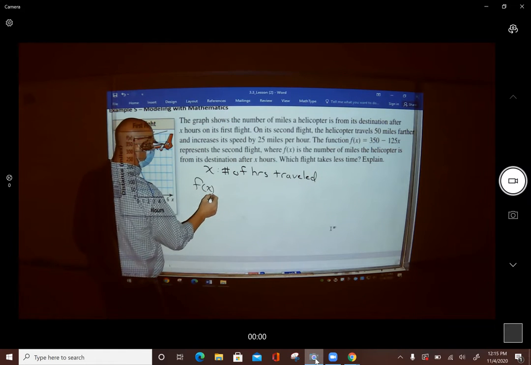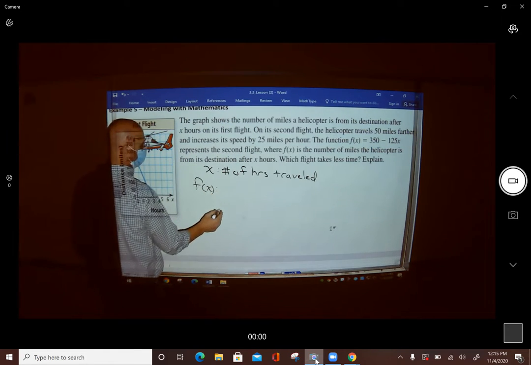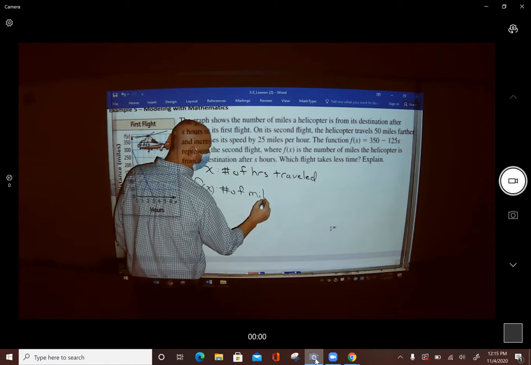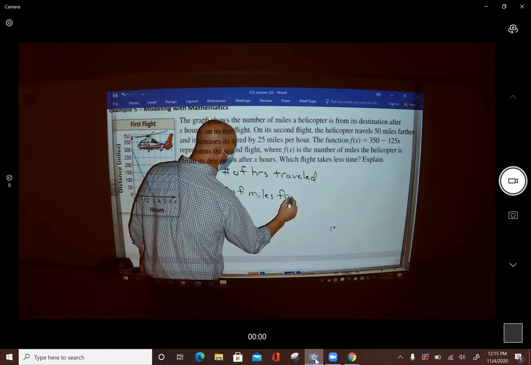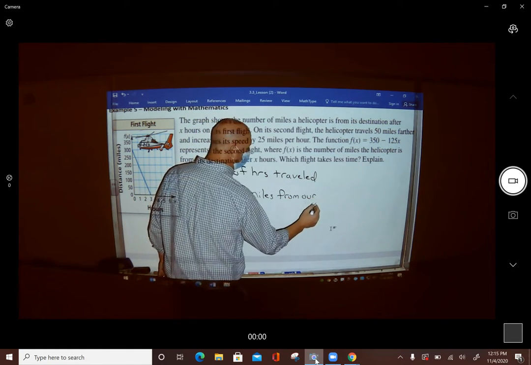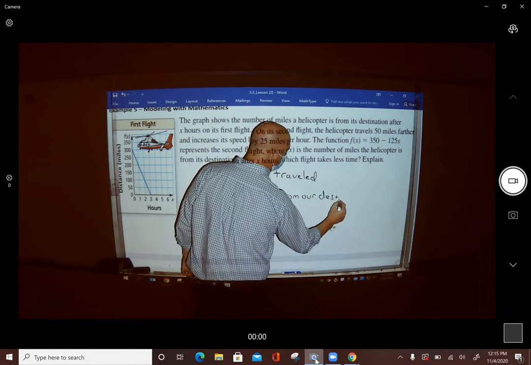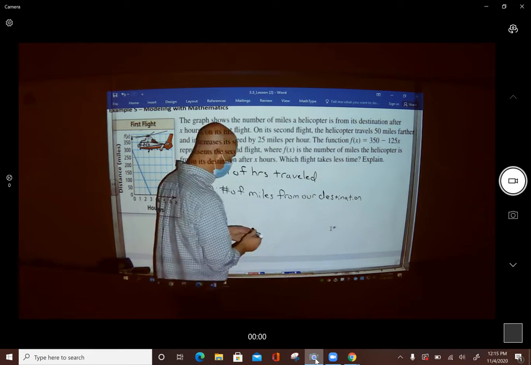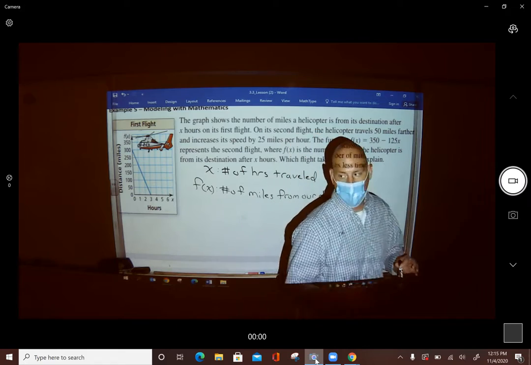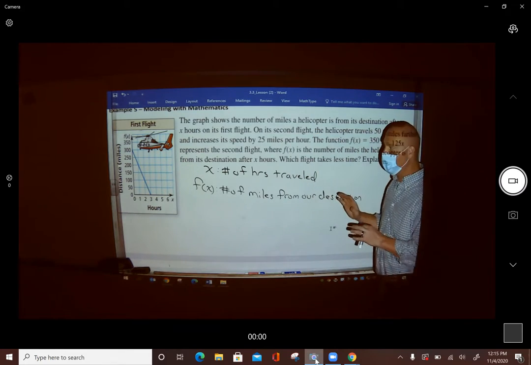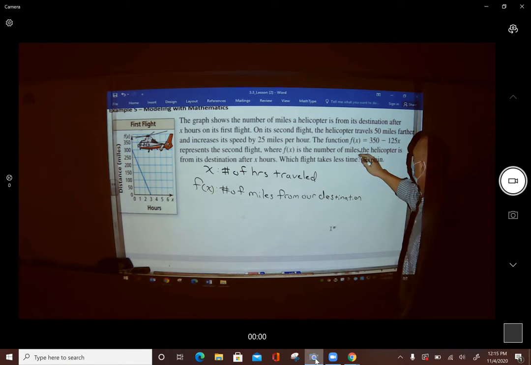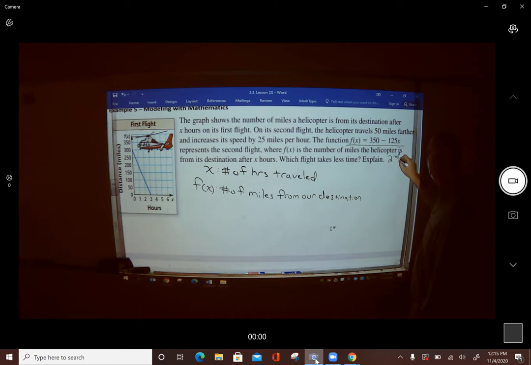Our f of x, or our output, is the number of miles from our destination. So we're going to compare information given to us in two ways: the first flight, versus this formula for the second flight.